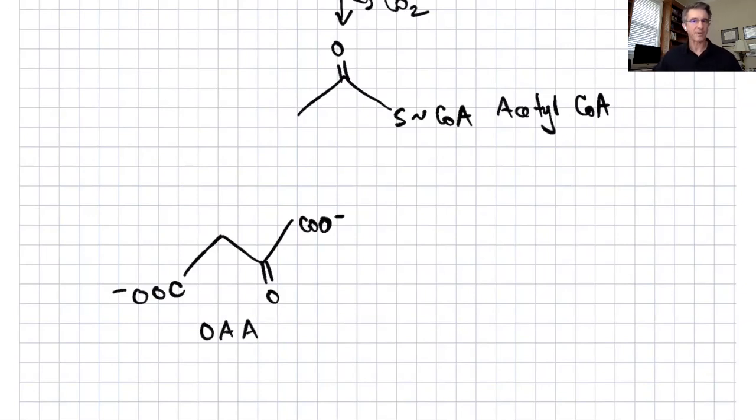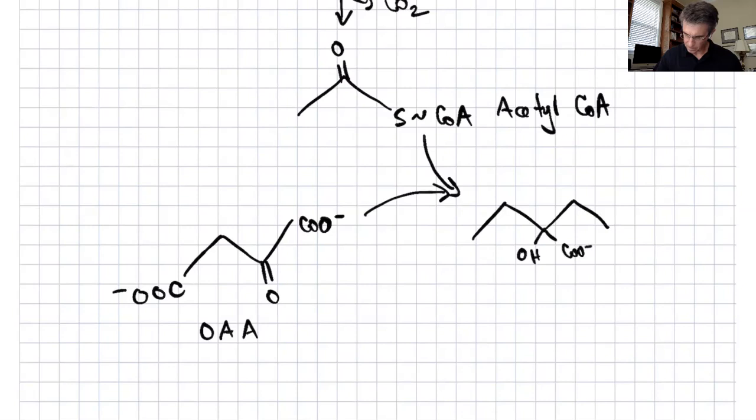The first step of the cycle that really gets us going is a condensation reaction between acetyl-CoA and oxaloacetate to form the first of the tricarboxylic acids, which is this guy here, citrate. That's the key molecule for which the cycle gets its name, or one of the key inputs for which the cycle gets its name.